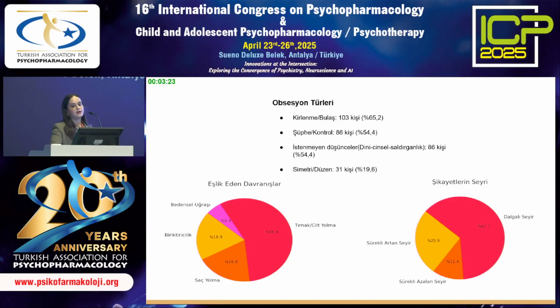Again, obsession kinds were evaluated. 65.2% had a pollution obsession, 54.4% was doubt and control behaviors, and 54.4% was obsessed with unwanted thoughts. As you see, physical matters was 5.4%, collectionism is 18.9%. And we also checked out the complaints as well.